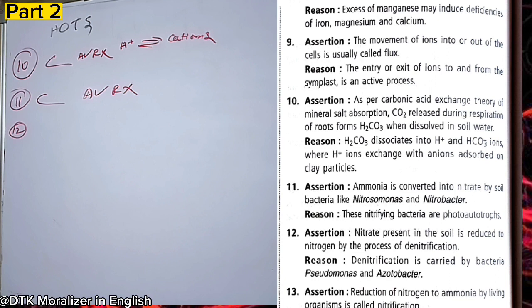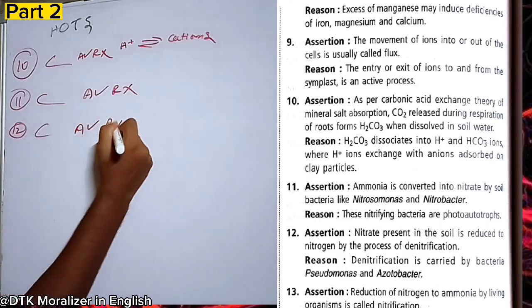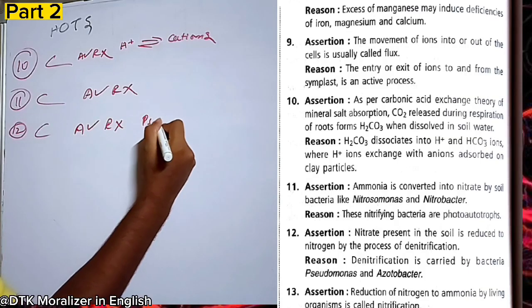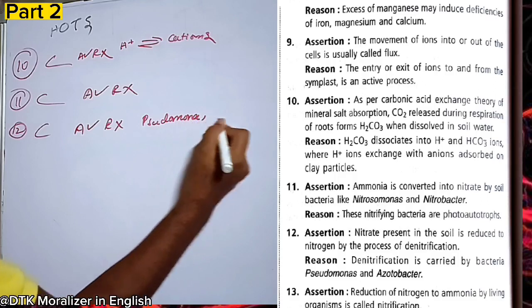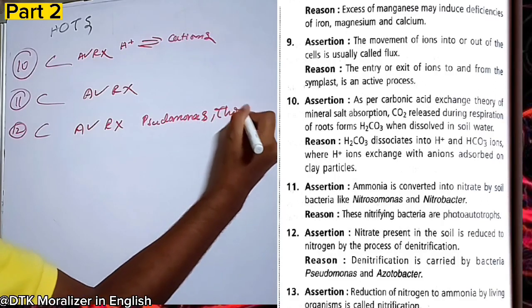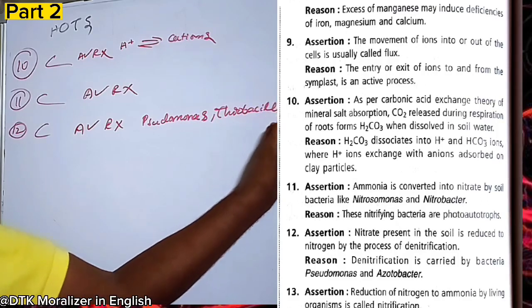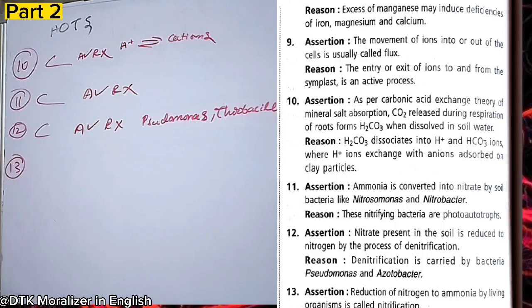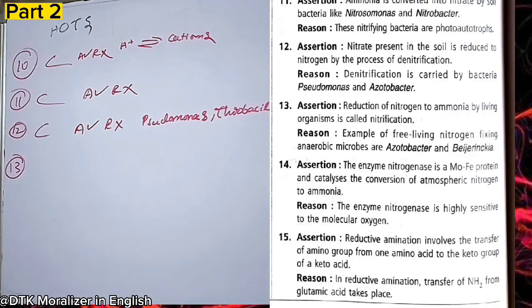Nitrate present in the soil is reduced to nitrogen by a process of denitrification. Denitrification is carried out by the bacteria Pseudomonas and Azotobacter. No, not Azotobacter, Pseudomonas and Thiobacillus. So the reason here is false and the assertion is correct. So option C. As you can see, Pseudomonas and Thiobacillus are required for denitrification.